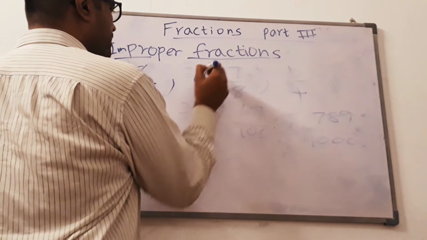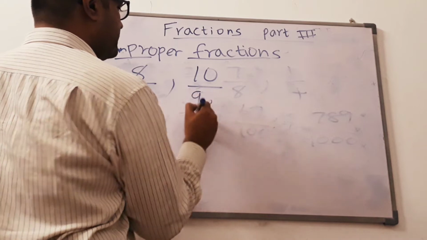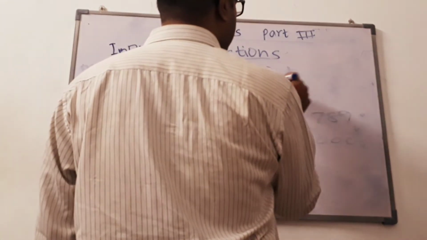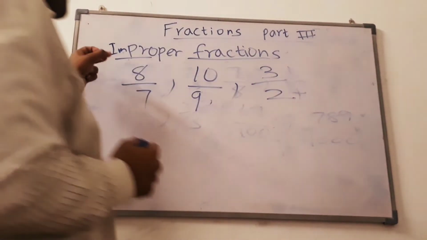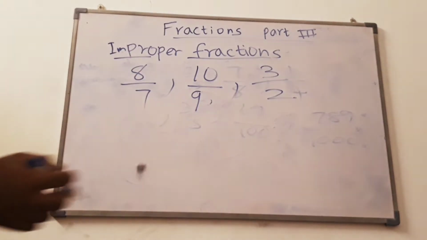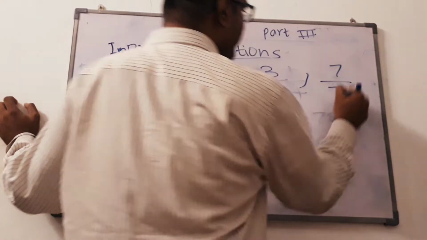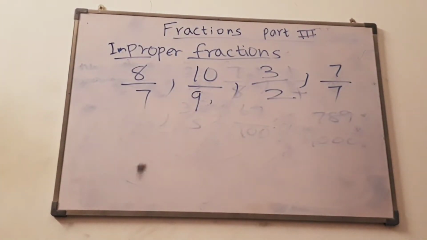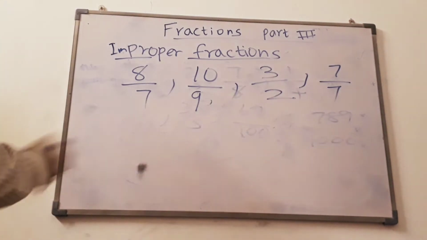Or in other words, 10 out of 9, or maybe 3 out of 2. Suppose these, where numerator is greater than the denominator, or equal to denominator. Proper fractions means numerator is less than denominator. Improper means the numerator is greater than denominator or equal to the denominator.